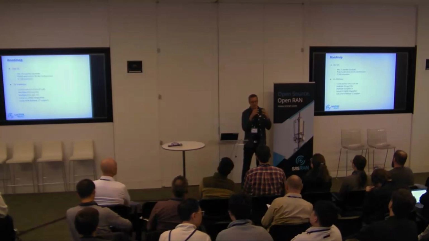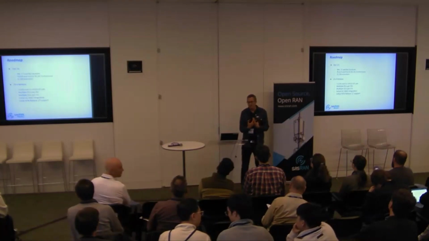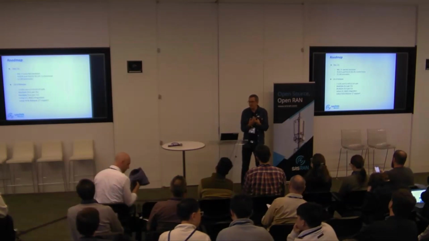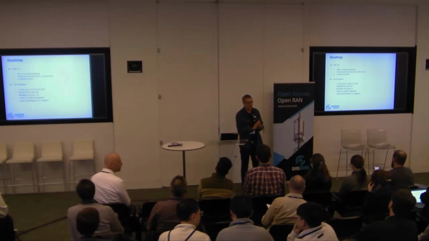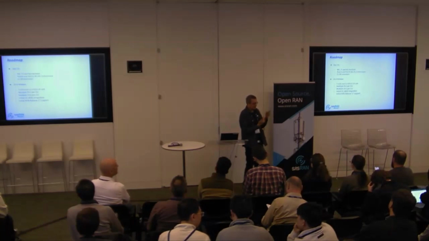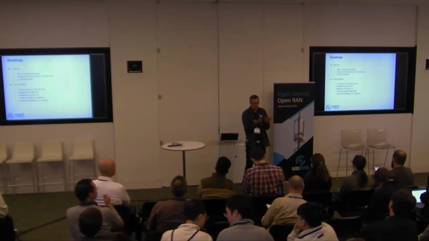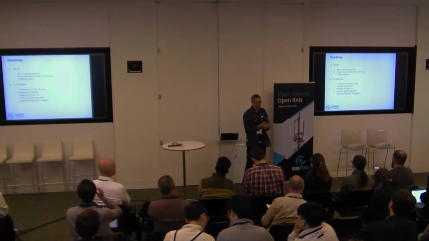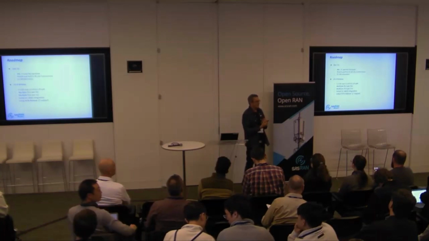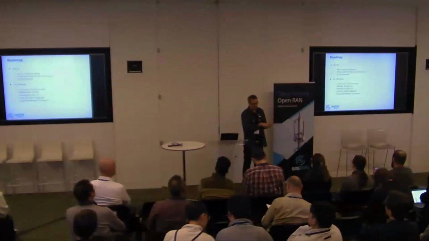We have CU and DU entities in our code, and they communicate with each other using the F1 protocol. Control and user plane also use the E1 protocol. The only thing that we have not done is the packing.